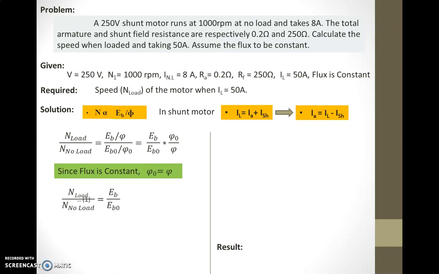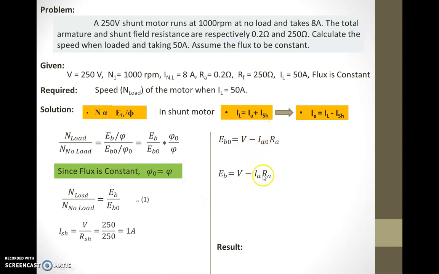To write the equation of EB, EB is V minus IA RA, EB naught is V minus IA naught RA. IA naught is armature current at no load condition, IA is armature current at loaded condition. Right? Consider this ratio between load speed to no load speed as number 1.